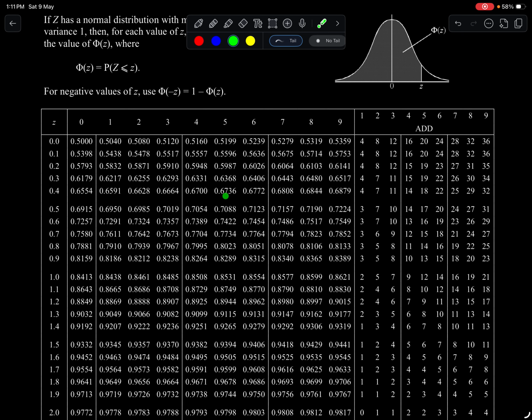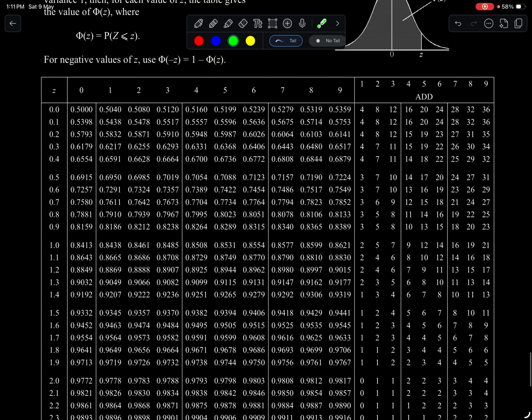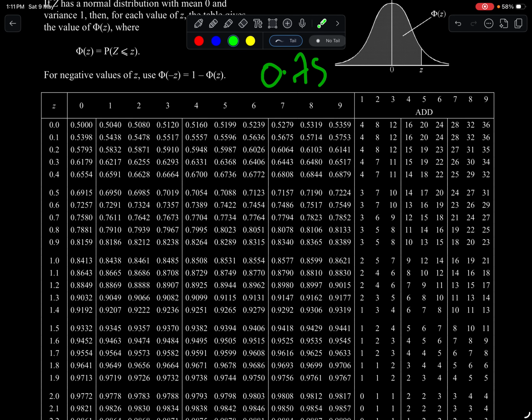We find phi inverse here in this section. So either look for 0.75 or a value which is close to this but less than 0.75. Okay? Now try to find 0.75. See these two numbers. This number is less than 0.75 and it's close to 0.75.